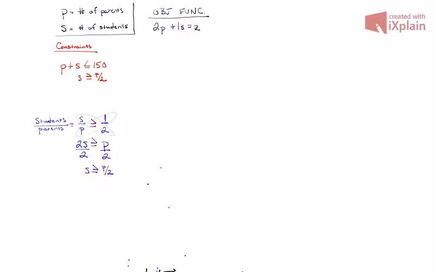How you want to read that, you're basically saying that the number of students has to be greater than or equal to one half the number of parents.